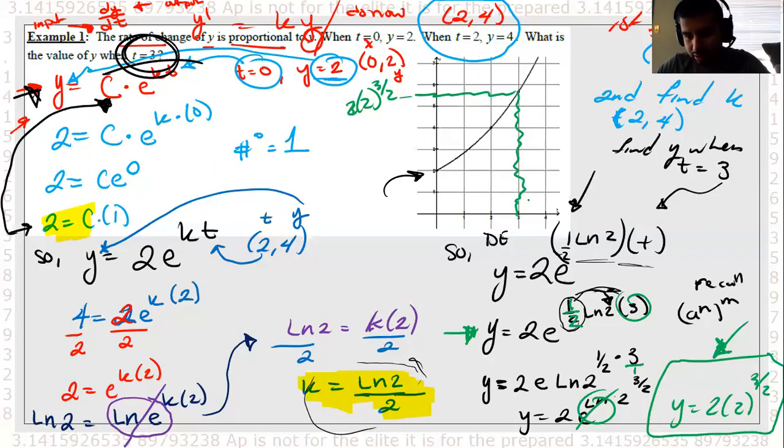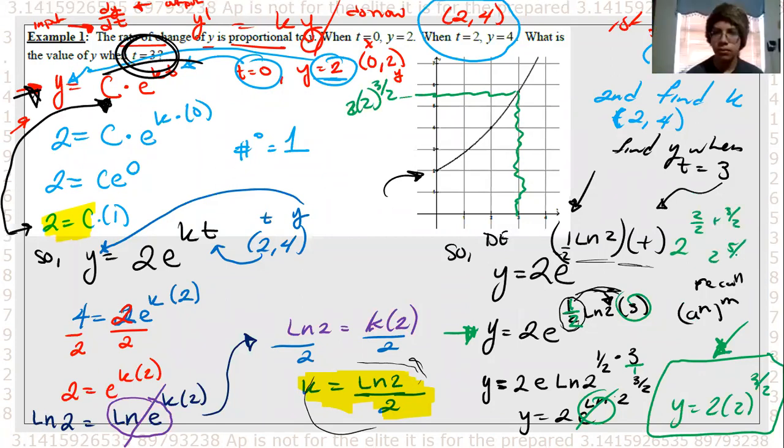Yes, you can simplify even more, but for the purpose of this, you're good. You can say this is the same base, so you can say it's 2 to the 2/2 plus 3/2, which is 5/2, if you wanted to.